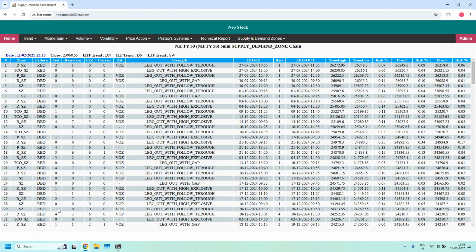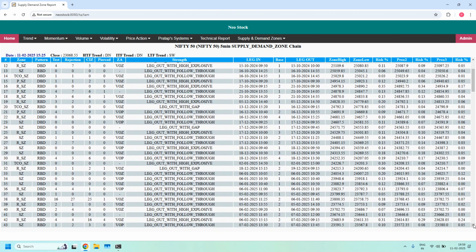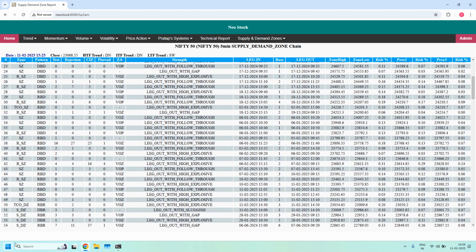All these are all supply zones. Let me scroll the list down to find the demand zones. Okay, serial number 50 is the nearest demand zone to the current closing price.